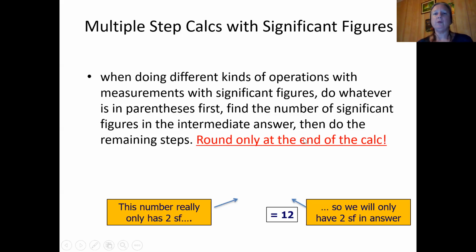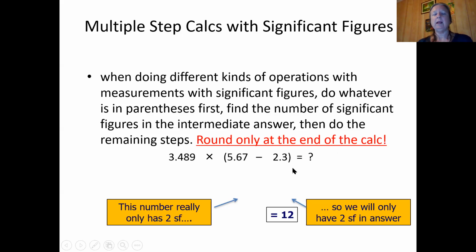Very important, do not round until you are completely done with your calculations, or your answer will be wrong. Whenever you round, you're either gaining information by rounding up, or you're losing it, and that's going to affect your math. So do not round until you are completely done. Then you go back and you find your number of sig figs.